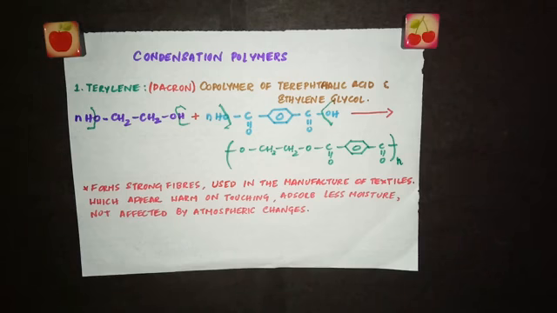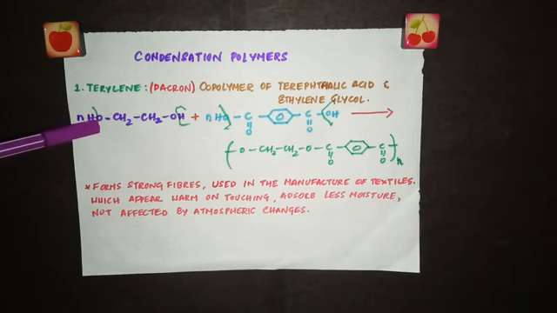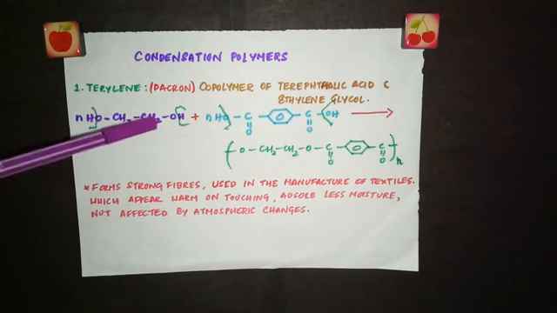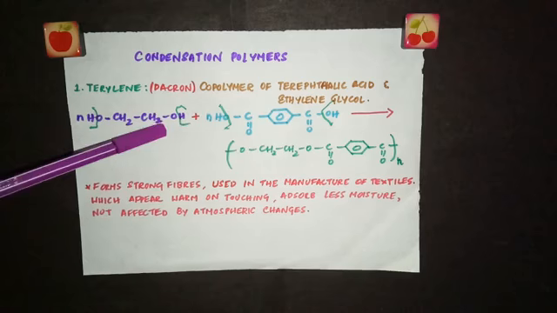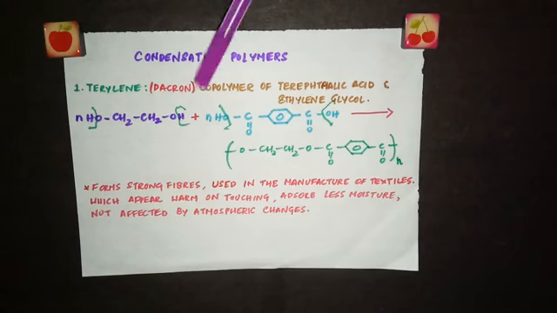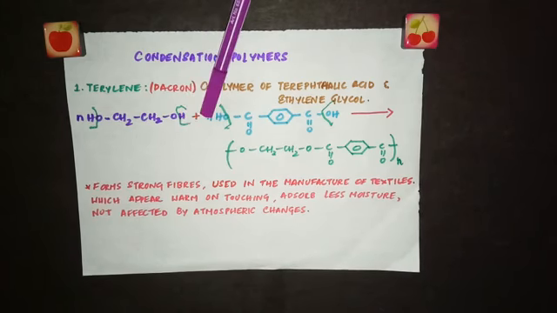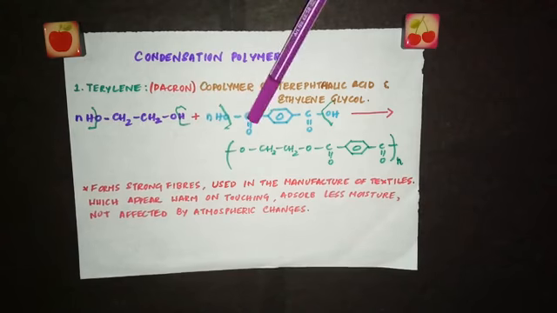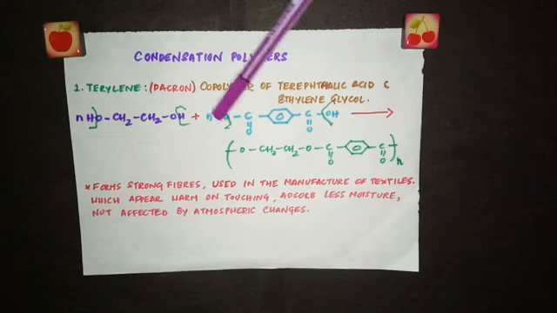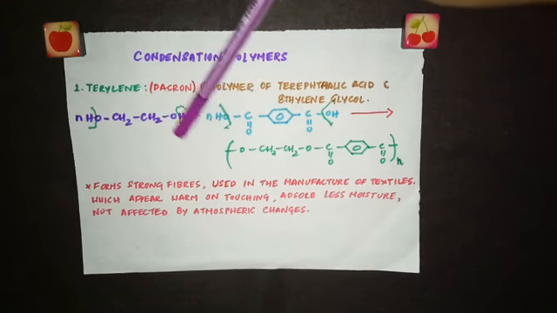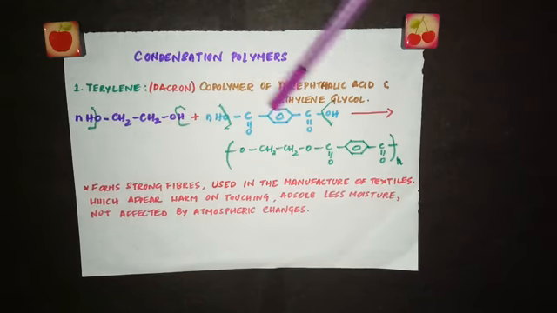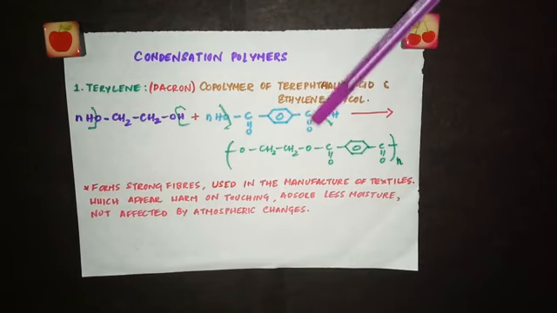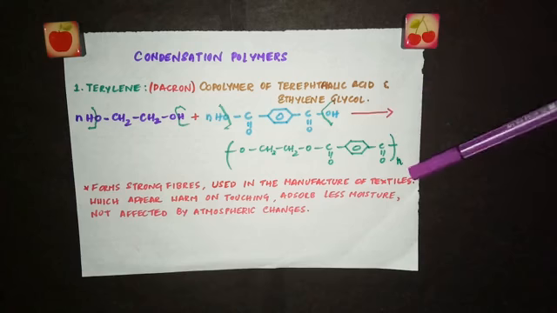Now see, put a bond in the front, bond O, bond CH2, CH2, again bond O, and put a bond here instead of this plus, and after that C double bond O, because this OH and H have been removed as H2O. So C double bond O, put this benzene ring, again C double bond O, put a bond and close the bracket, n times.